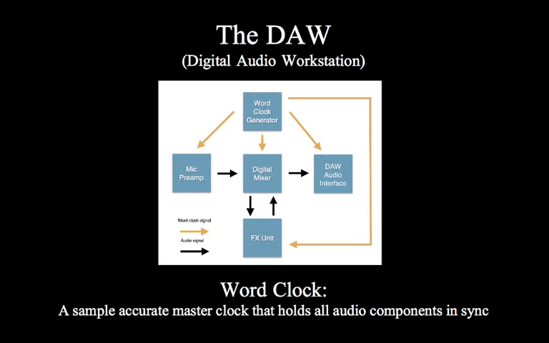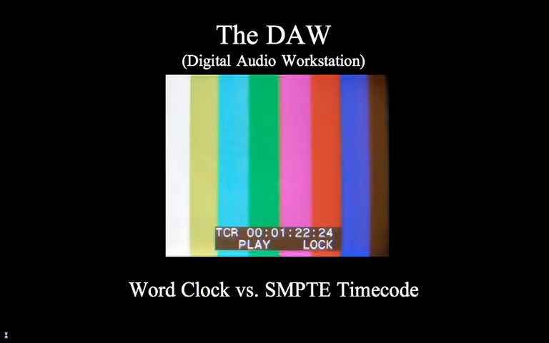Then you start up your digital audio workstation at 96,000 samples per second. You will actually hear a weird clicking sound. The reason is that your mixer is expecting a different speed of word clock than what is being sent out from your computer.